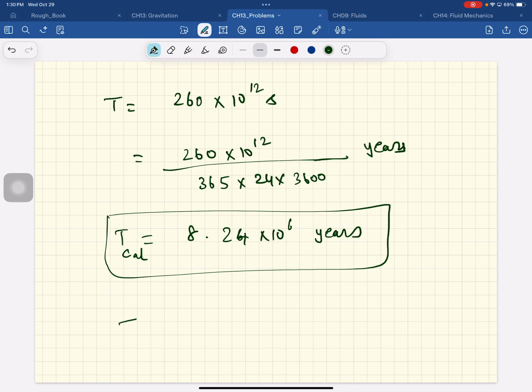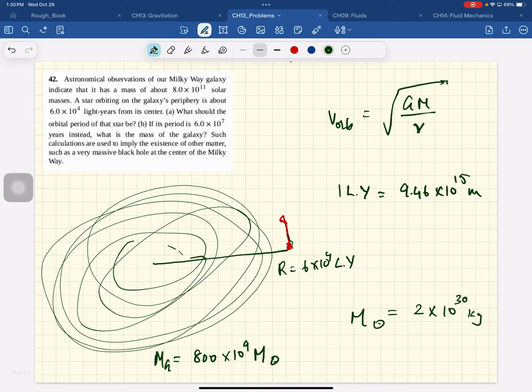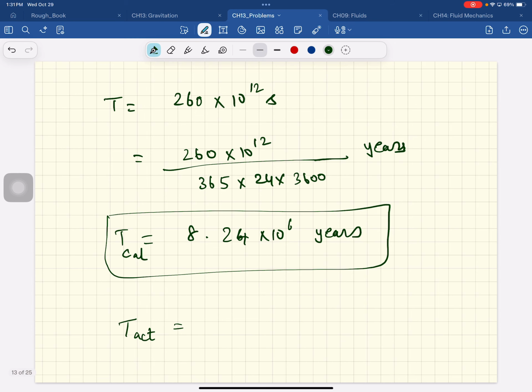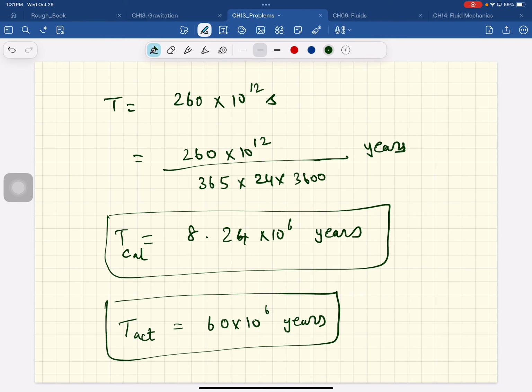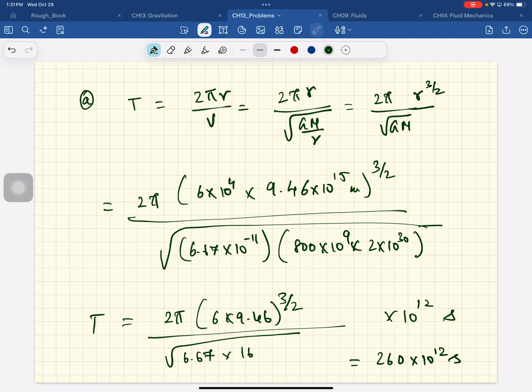The actual period is 60 million years. And how is the period related? Okay, the period is greater than the mass. So we did something wrong here.